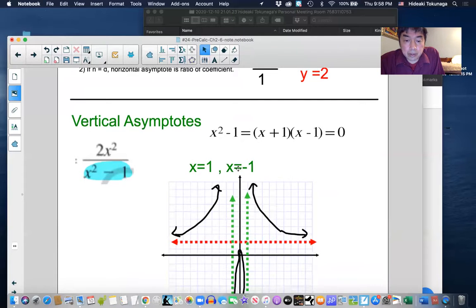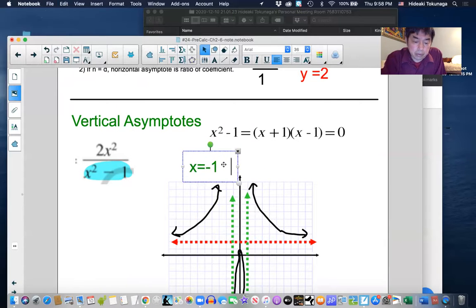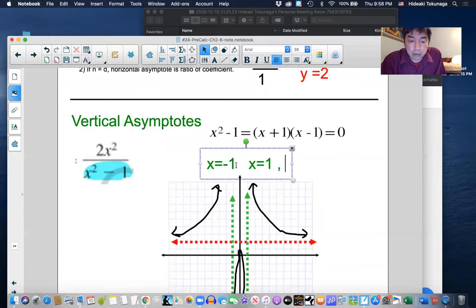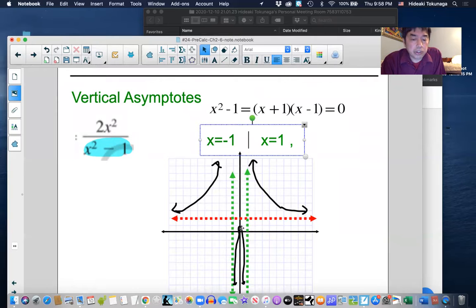I'm sorry, this should be this way, and this should be this way. And there is also a property from x equals negative 1 to 1. When you enter this, you could see whether it is positive or negative, or mostly negative.